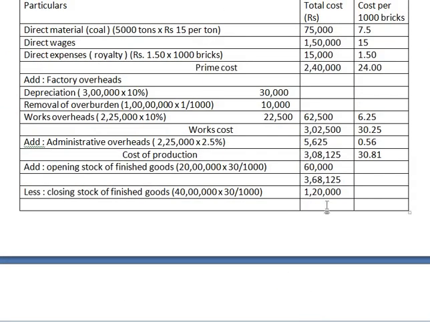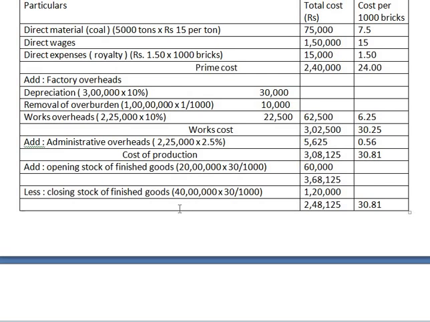Yes. Now deduct. If you deduct, you will get 2,48,125. Right? Yes. Now this will be 30.81. Okay. Now what is this called?